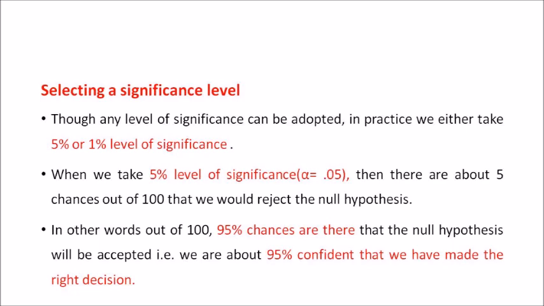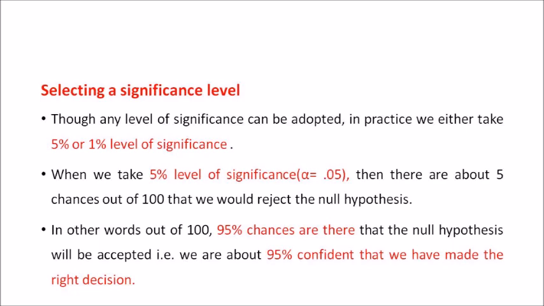Otherwise we can also say that there is a 95% chance that the null hypothesis will be accepted: 5 chances of rejecting and 95 chances of accepting. I hope it is clear. As a whole we are computing it as 100%.